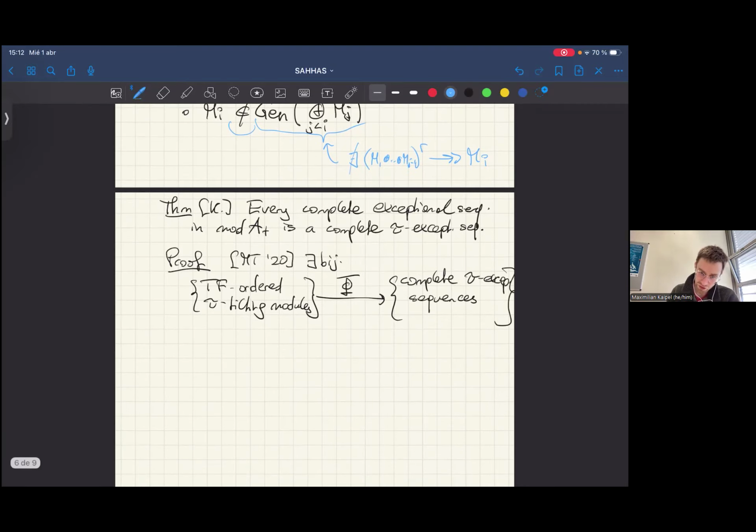And the way that this bijection works is that it sends my decomposition Mt plus ... plus M1 to the sequence which on the right just has M1. And then on the left, I somehow take the largest quotient of M2 by M1 in some sense. So I will apply the torsion free functor F_M1 to M2.